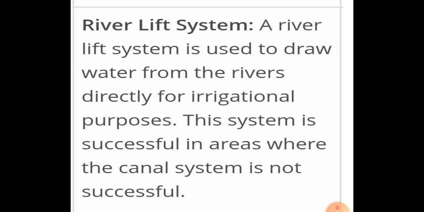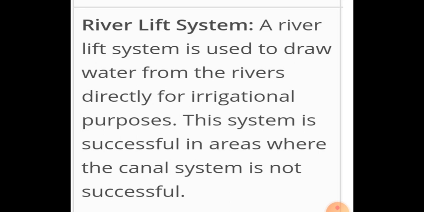Now next is the river lift system. Here, if a river is flowing very close to the field, a lift system is used to draw the water from the river directly for irrigation purposes.